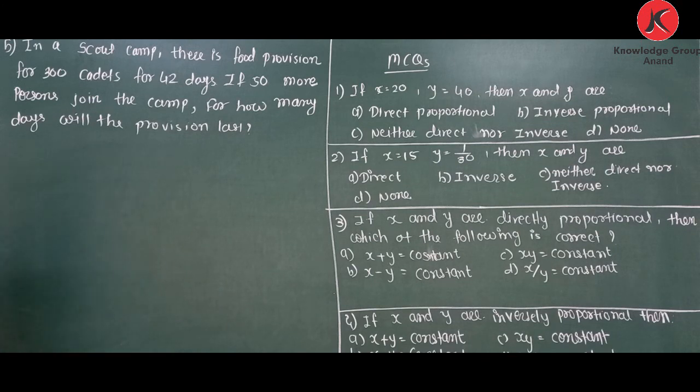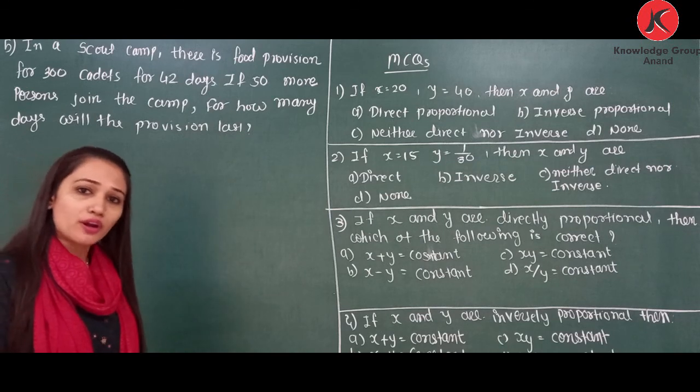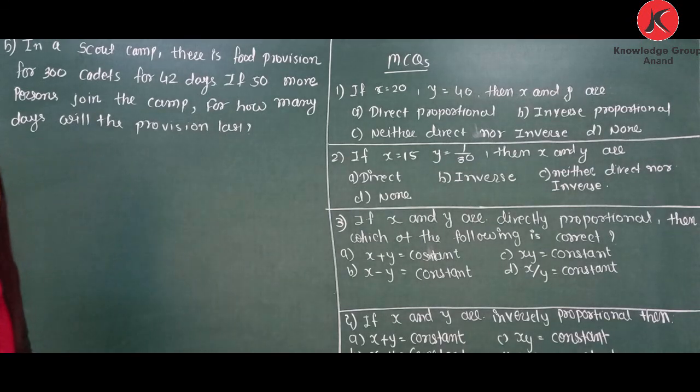If 50 more persons join, how many days will it last? If the number of persons is increasing, food lasts for fewer days. So persons are increasing, days are decreasing. So that's why it is in inverse proportion.